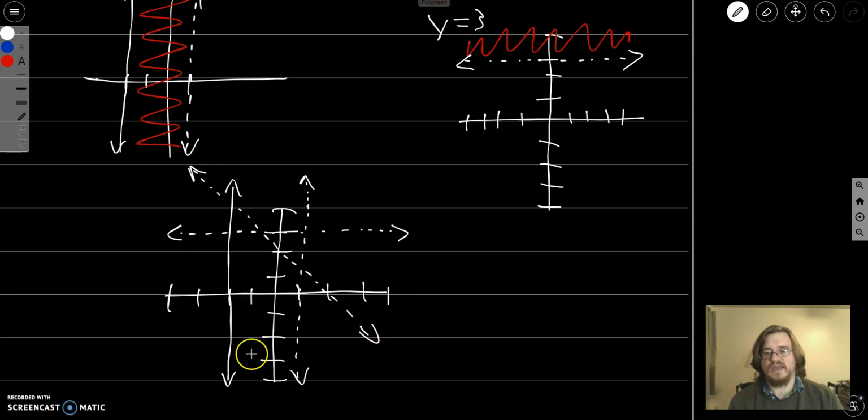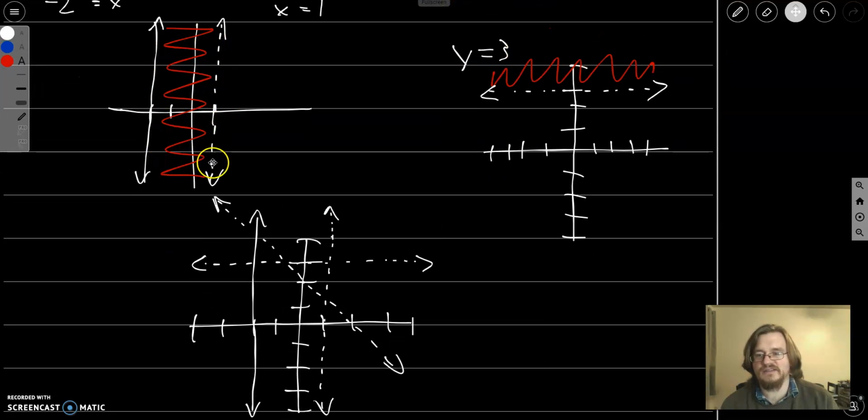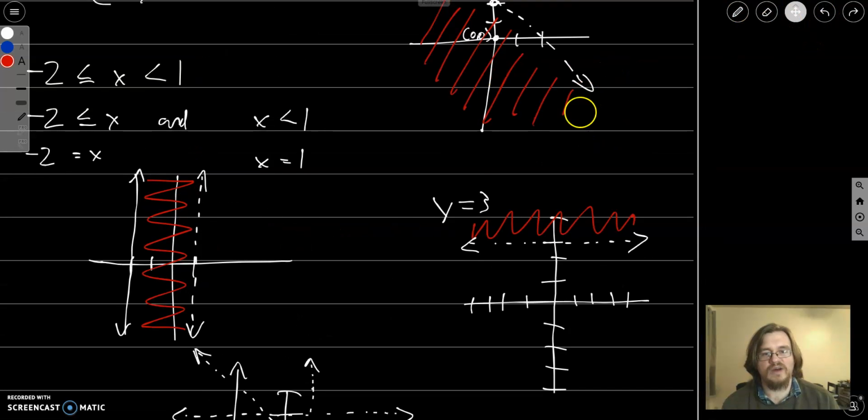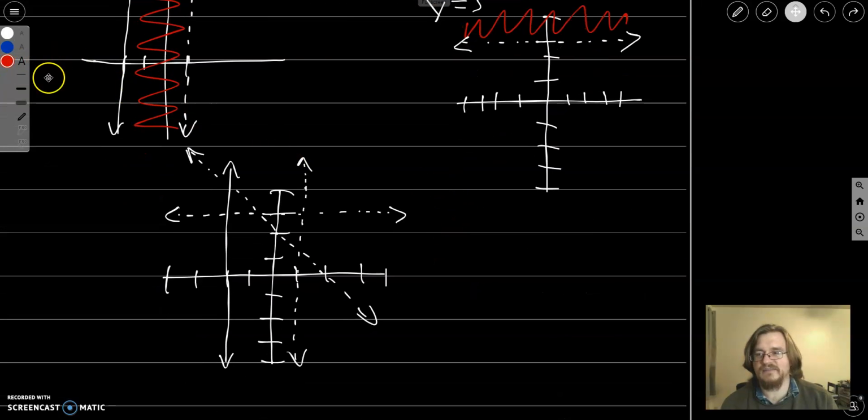Cool. So we have all of our regions, and now we want anything between the two vertical lines. So we are looking at things in here. However, we are only looking at things below the diagonal line, and below y equal to 3.